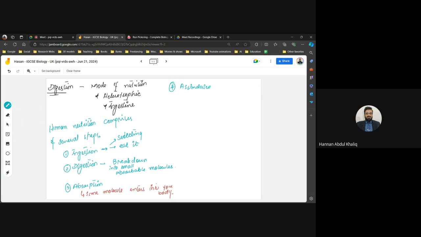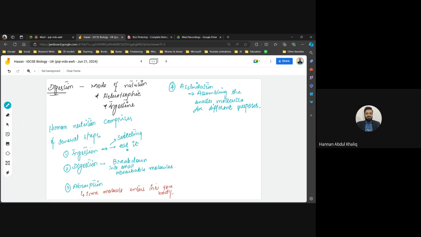What is assimilation? Assimilation is a specific thing that generally refers to assembling the smaller molecules for different purposes. We literally are assembling different kinds of molecules and we use them for our purposes.